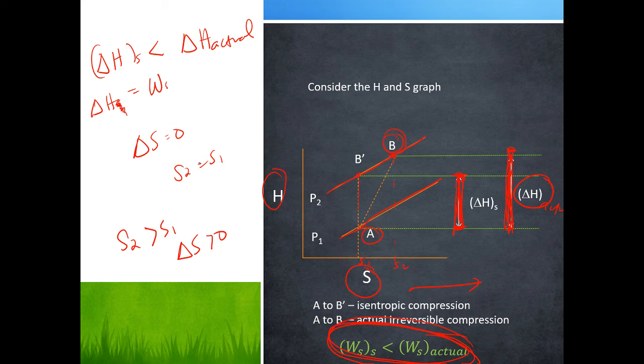Kailangan alam niyo yan by heart, no? Yung sa turbines at saka sa compressor, kung ano yung mas mababang work. Yung isentropic ba? O yung actual? Opposite sila, yung turbine at compressor.